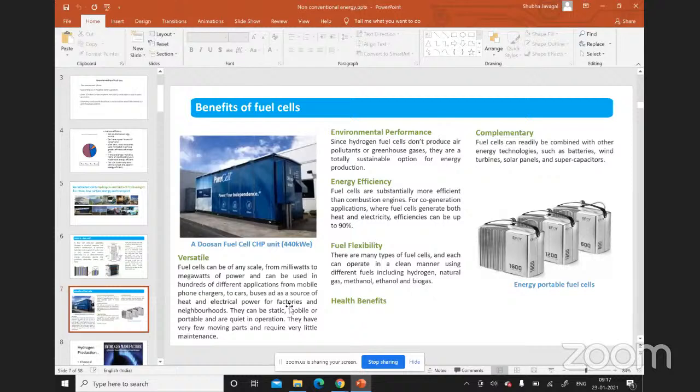And then also there are a lot of benefits when considering the flexibility of it, right? You can use any kinds of fuels like hydrogen. You can also use methanol and ethanol and other things, right? But one of the major things here is the hydrogen.